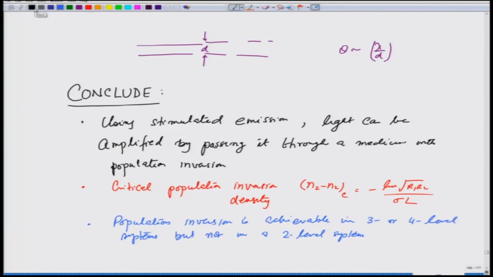And 4, laser which comes out of this amplification is special light that is highly directional.